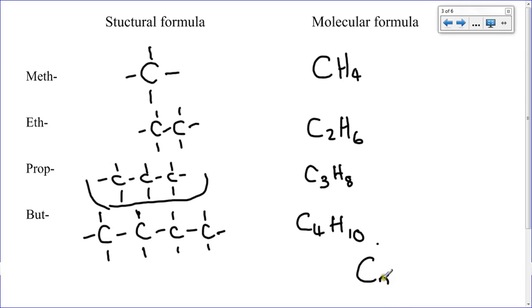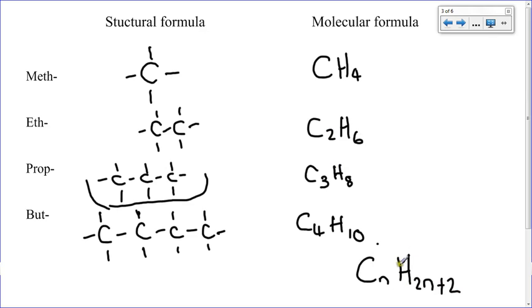The number of carbons could be any number, it could be 1, 2, 3, 4 or larger, so we say Cn, and the number of H's depends on the number of carbons. Now it's actually 2 times n, so 2 times 1 would be 2, but there are another 2 added onto it, so it's 2n plus 2.